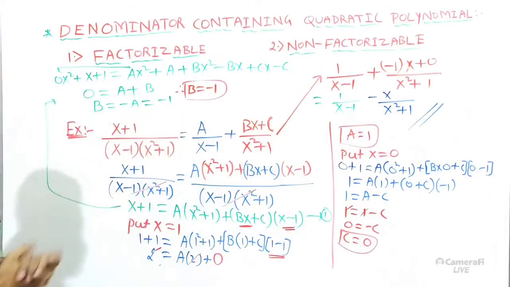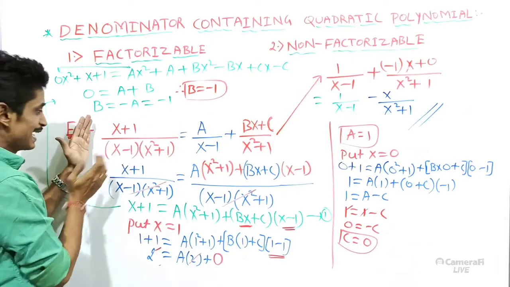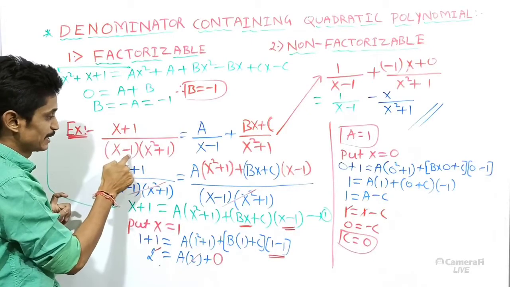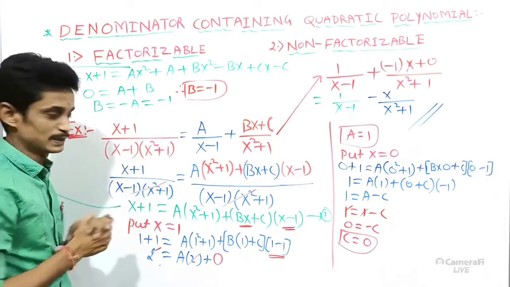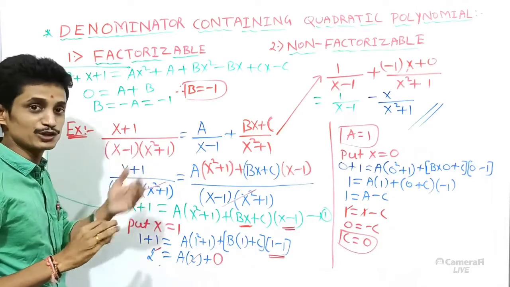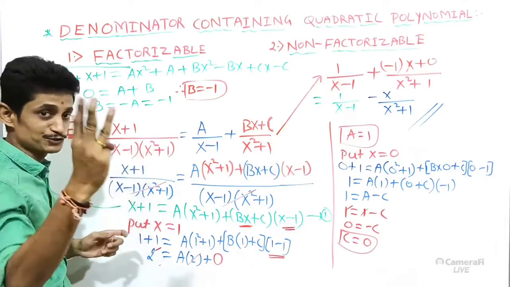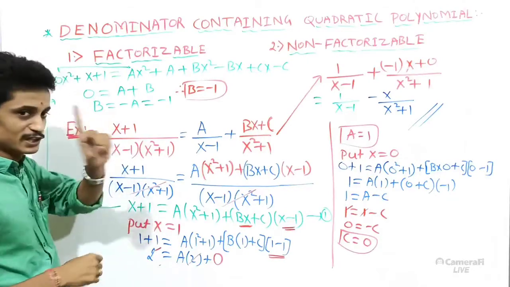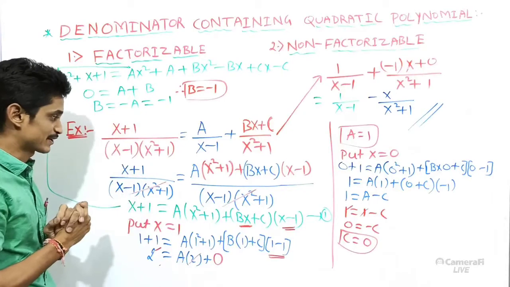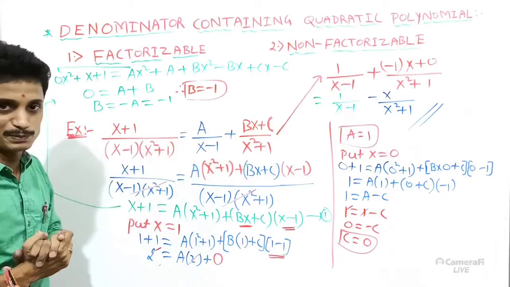Once we look at it completely, we have in the LHS part, be careful, x plus 1 divided by x minus 1 into x square plus 1. x into x square is x cube. The degree of the denominator is 3. The degree of the numerator is 1. So it is completely a proper rational fraction. Now I wish to split it.